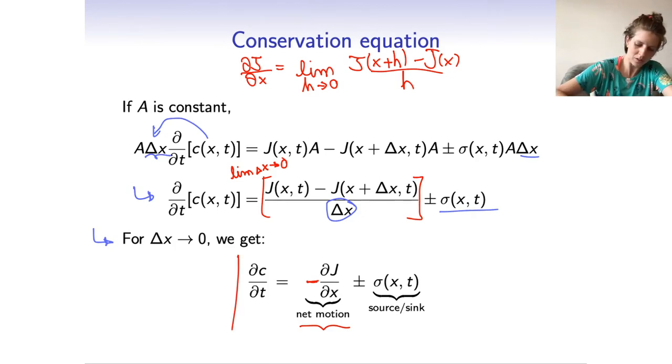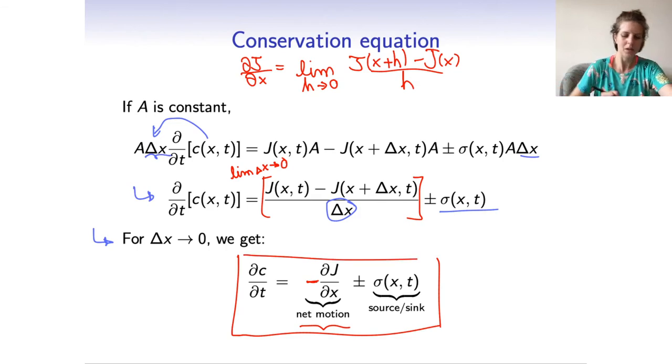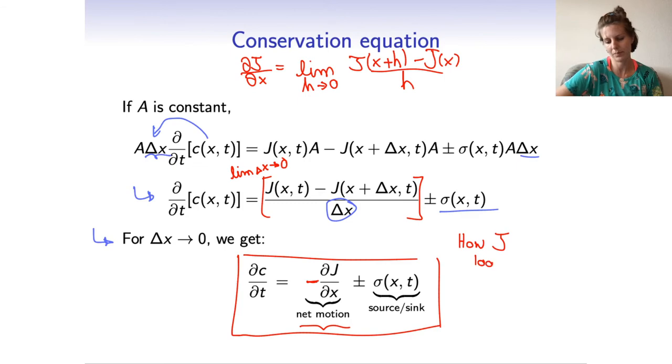So we got a differential equation for the change in time of the concentration of particles. Now a natural question would be, what does J look like?